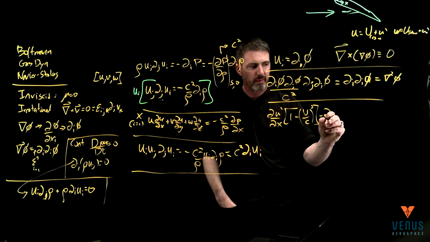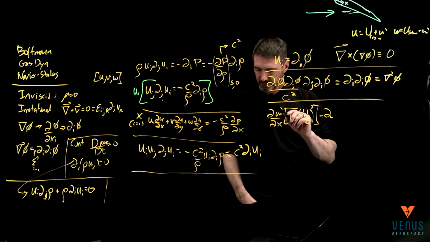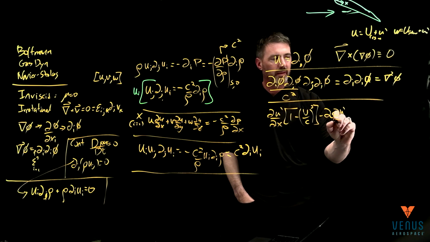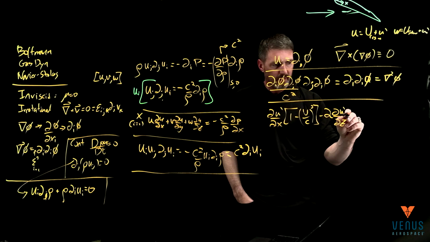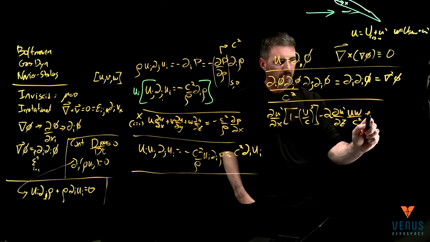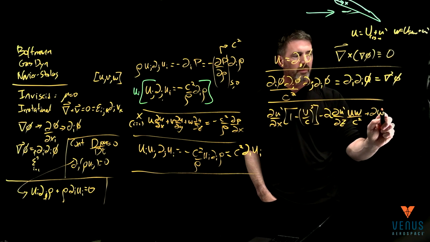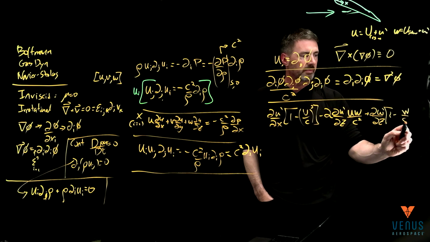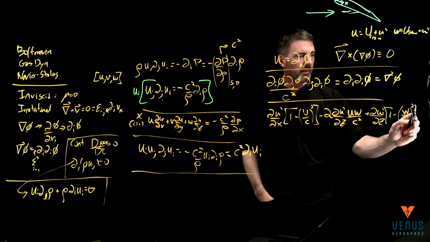Okay, and then there's minus 2, and this is the small component with respect to z, and then u w full over c squared, and then plus the derivative of the small component with respect to z, and then 1 minus the full w velocity with respect to c squared.